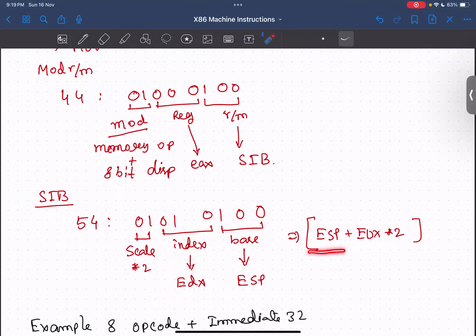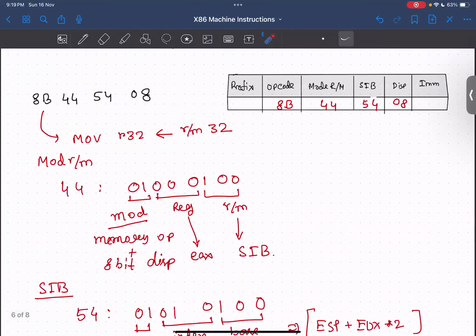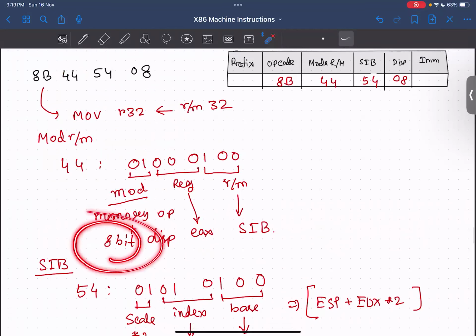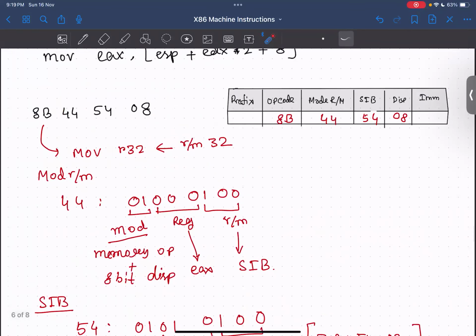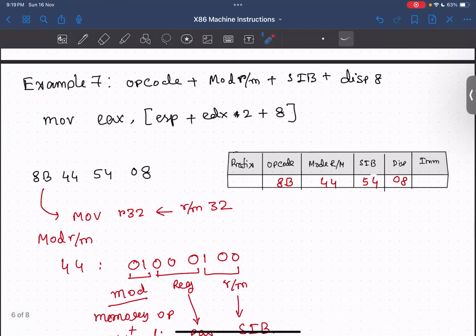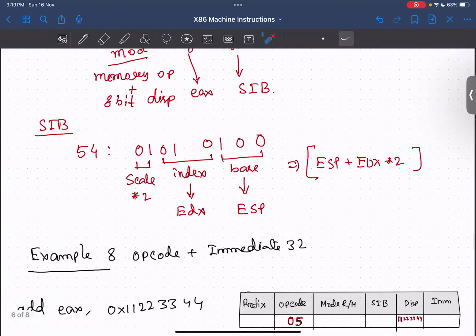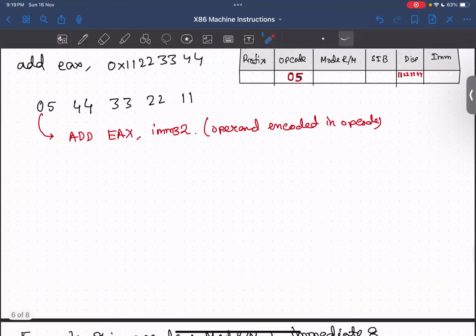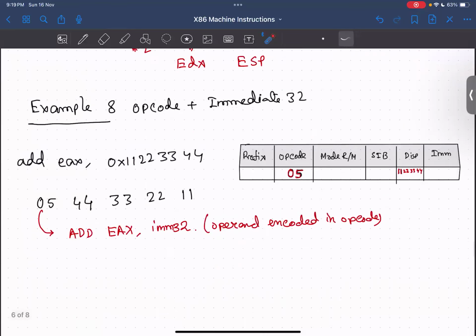So this is how the SIB representation looks. And remember now we have this 8-bit displacement. So we take whatever we have here and then add it with our 8-bit displacement value. Makes sense?